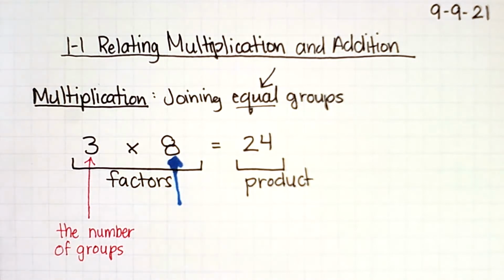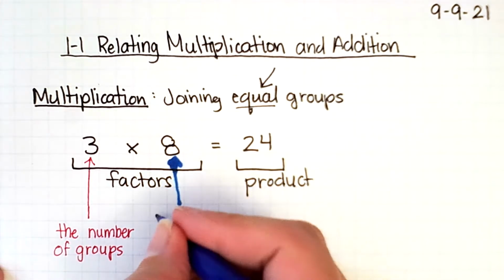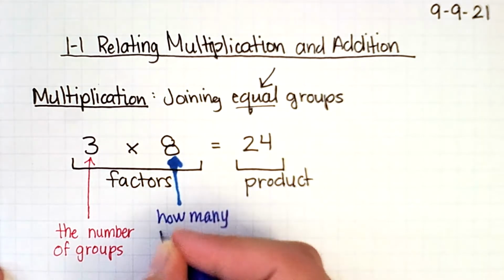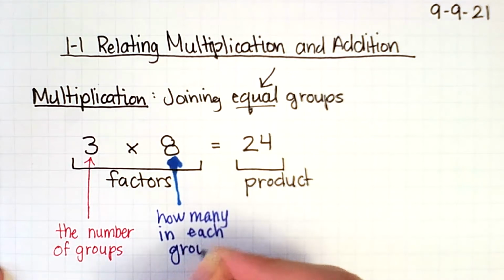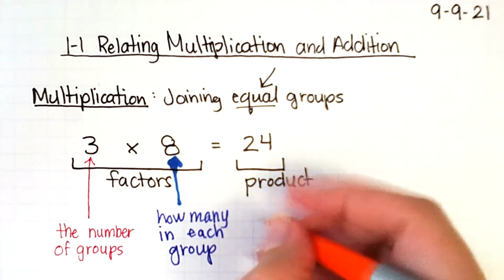Our second number tells you how many are in each group. And our last number over here, which is called our product, is how many in all.